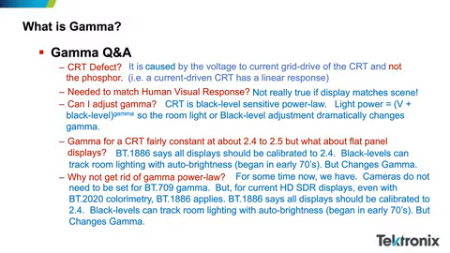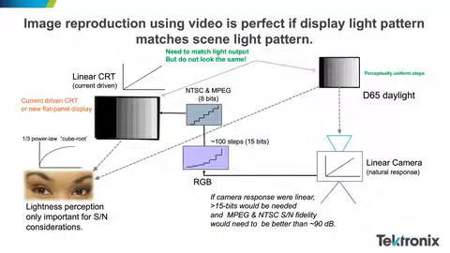In today's gamma, if we were to shoot things absolutely linear, and the camera's response was linear, and we looked at a grayscale chart, it would require 15 bits of data to be able to give us 100 steps.